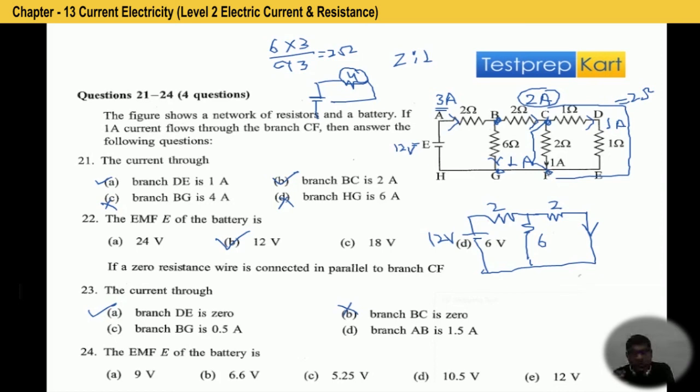But if there is a connection in series, there will be no effect on current. Next, EMF E of the battery is 12 volt. We already calculated it, because there is no effect on the EMF of the cell due to short circuit.